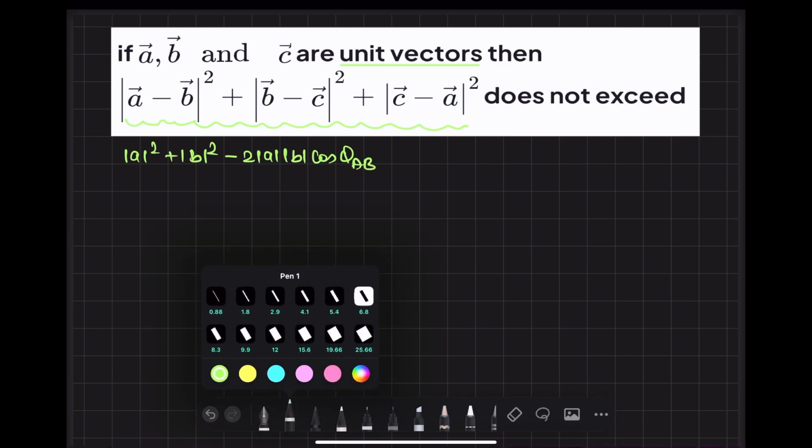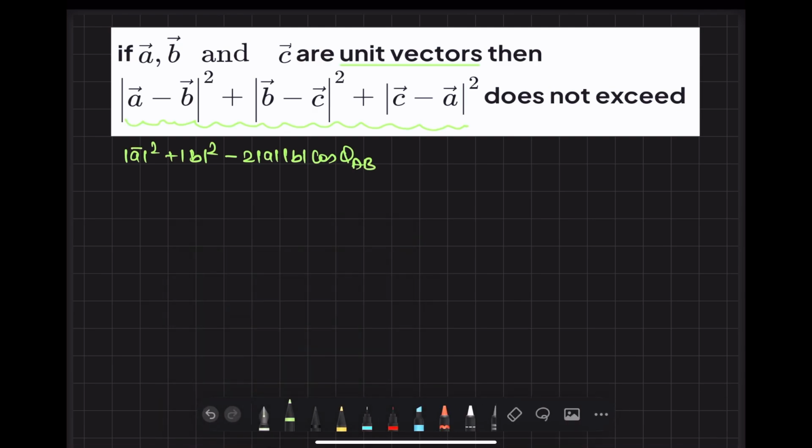Similarly, you will be writing all the components. Again you will be writing mod b square plus mod c square and then minus 2 mod b mod c cos theta BC, and then you will be writing another thing, which is mod c square plus mod a square and then minus 2 times cos theta AC.